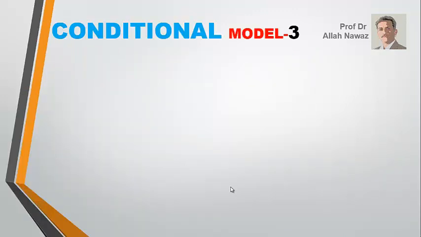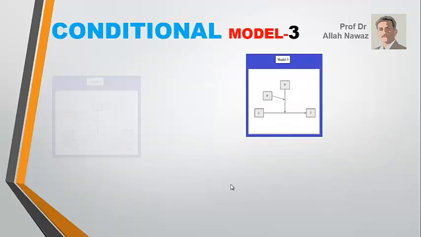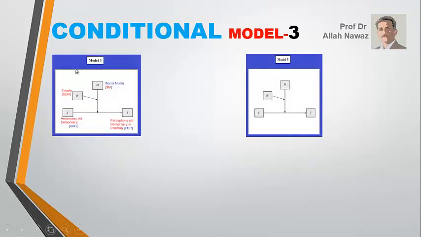So the model we are using today is Model 3, where we have mapped our research variables, which are awareness about democracy as the x variable. It will affect the test variable or y variable, which is perceptions about democracy in Pakistan. You can see the question is how much or how far the awareness about democracy of the respondents affects their perceptions about the democracy in Pakistan.